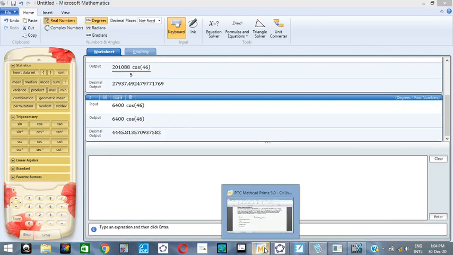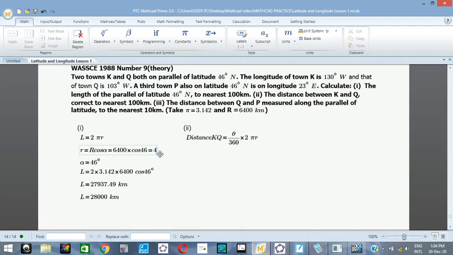Just want you to see the value so that you will get it, which is 4445.81 kilometer. So that is the value of the small radius.